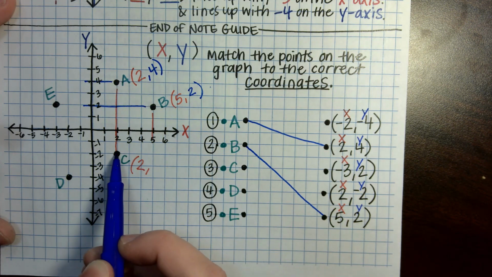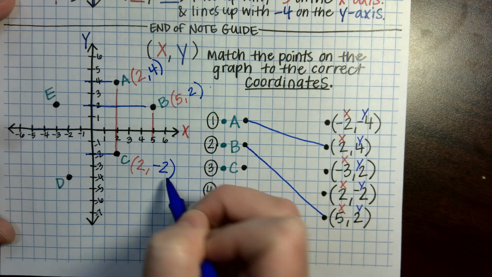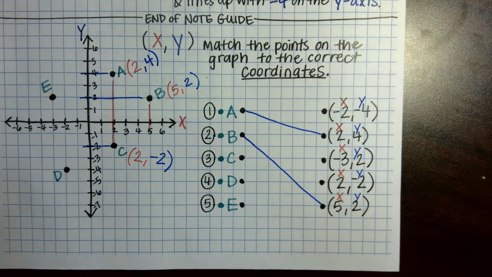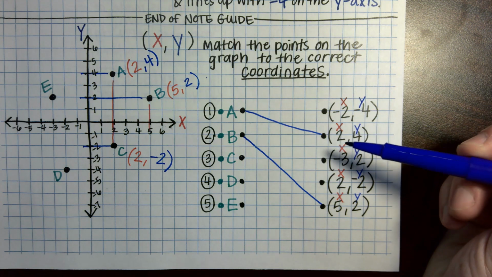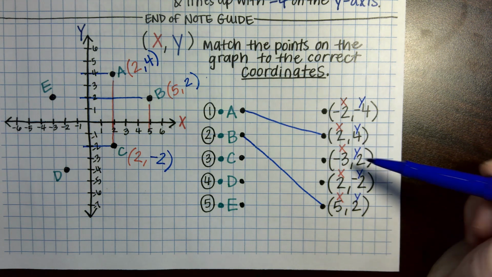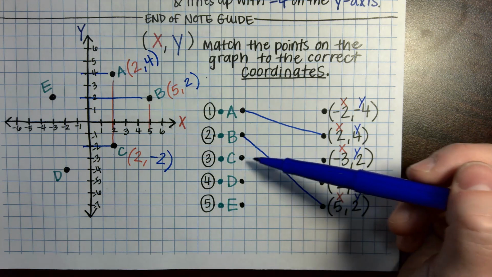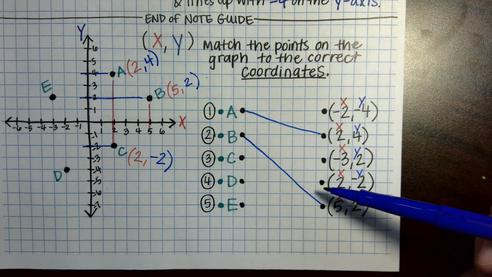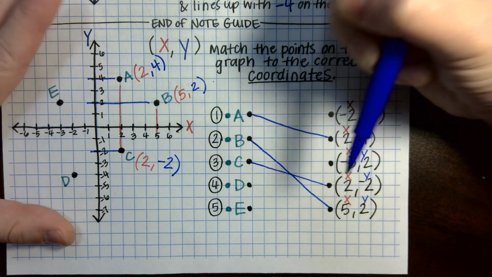Negative 2. Good. So we can put negative 2 in the y spot. And where do we see positive 2, negative 2 over here? Oh, there it is. Second to last one. So C lines up with 2, negative 2. So let's draw a line there, just like that.